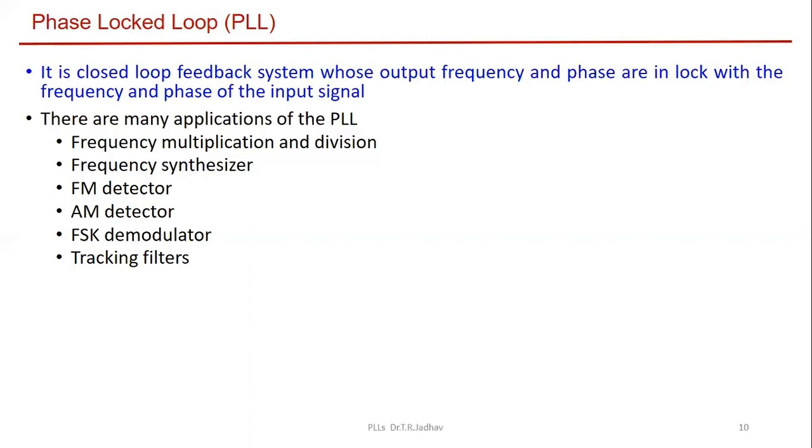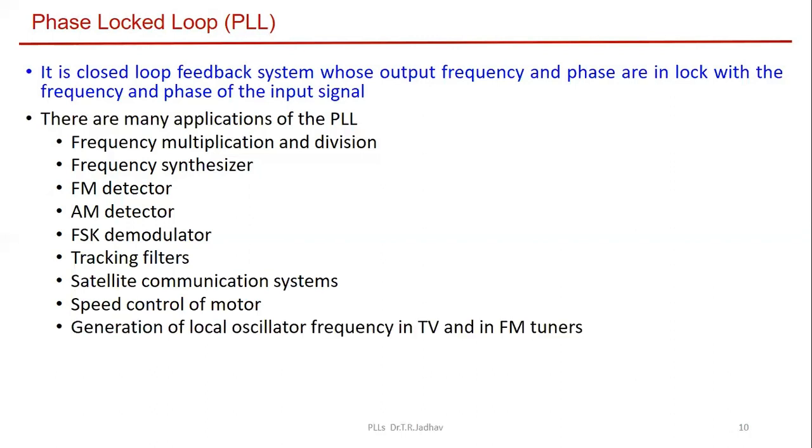Other applications are tracking filters, which are used in radars, satellite communication systems, speed control of motor, and generation of local oscillator frequency in TV and FM tuners. You know that in a TV receiver and FM receiver, you require a local oscillator, so we can use PLL as a local oscillator.